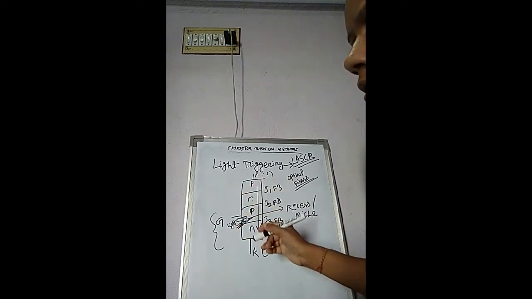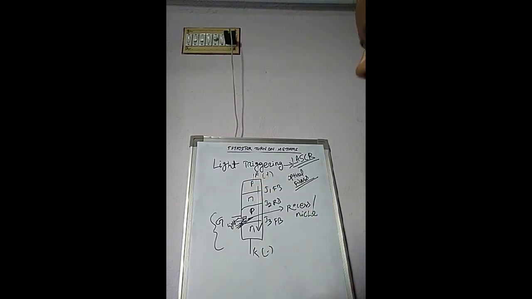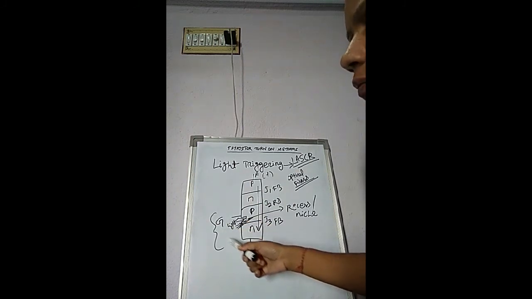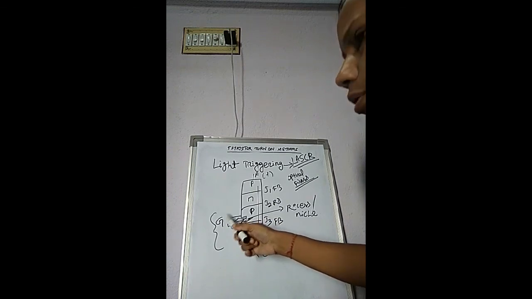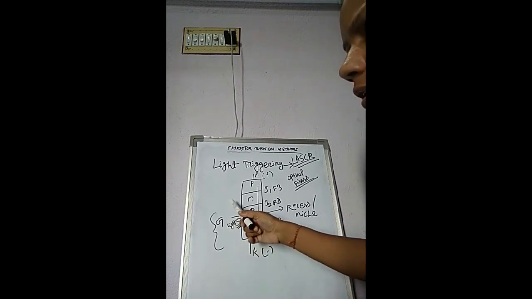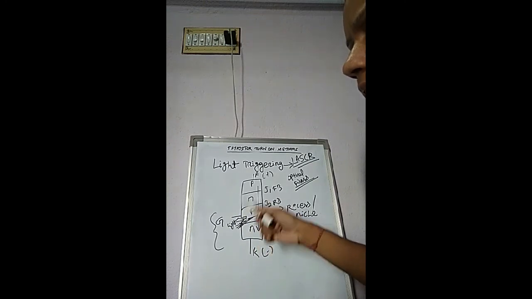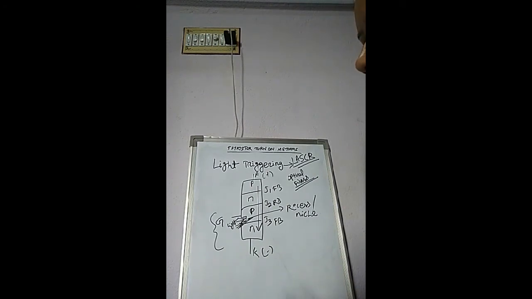So here the requirement of the gate signal, as compared to the gate triggering method, is lesser, because here there is irradiation of light. Due to this irradiation, the gate signal requirement is slightly less than that required in the gate triggering method.